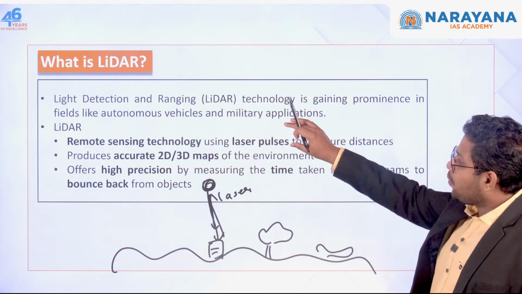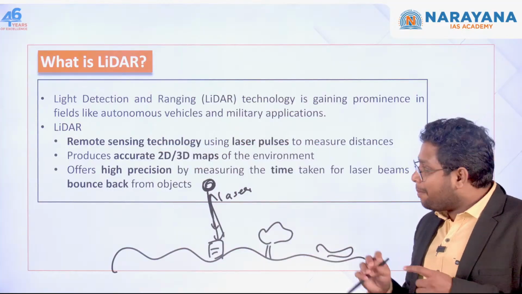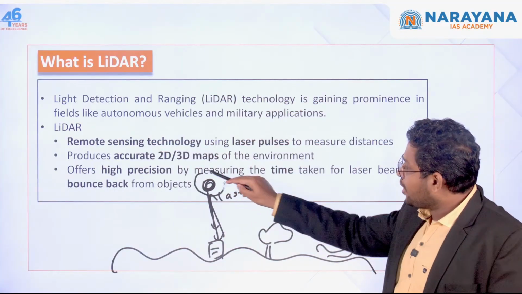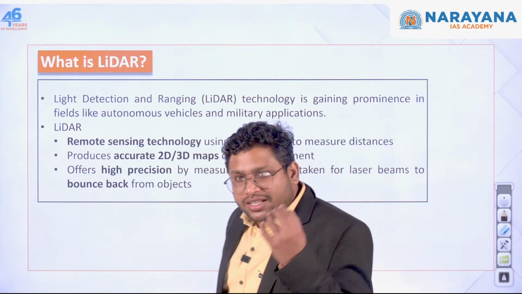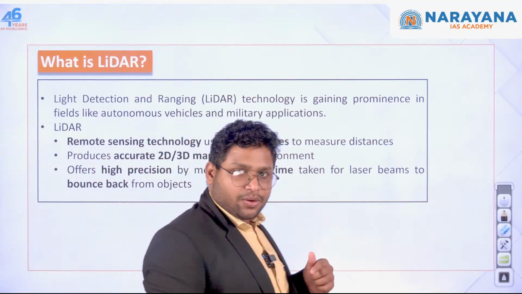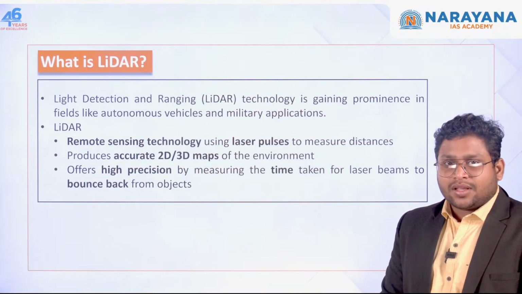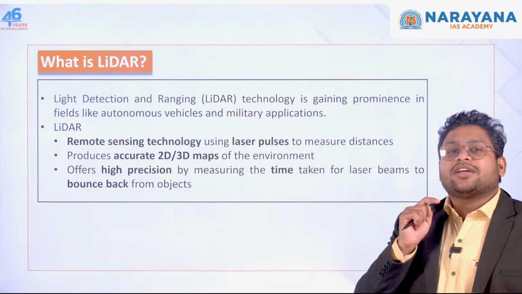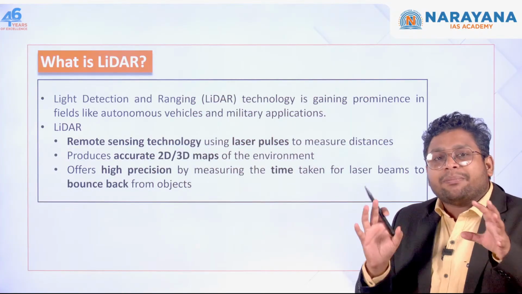All this information will be calculated by this particular part. Here we might use a satellite or a particular device which can send this laser beam. Normally we use one device to do this. When this gets reflected, using this we make a complete map of this region.